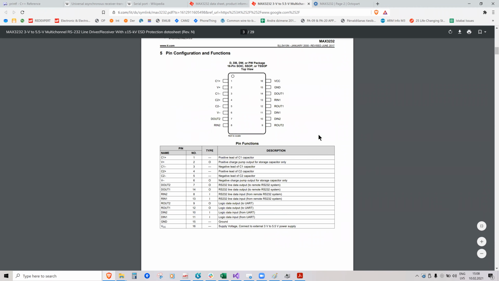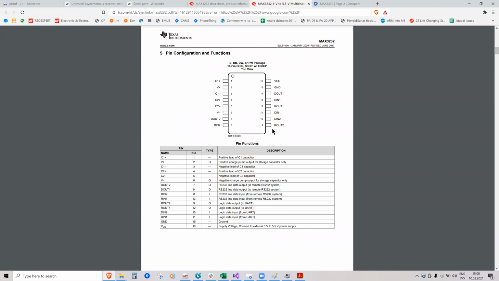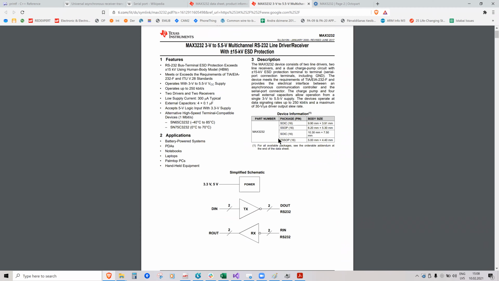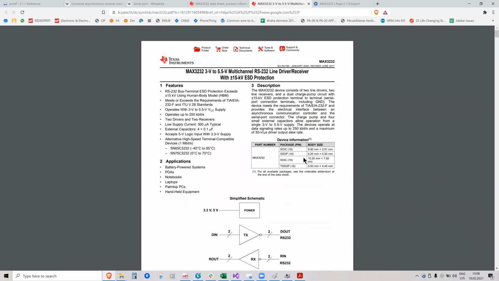And these chips are very, very popular. If you're building a device that communicates with the outer world, usually you would use this chip on the output because it also works as an over voltage, over current, and ESD protection device.